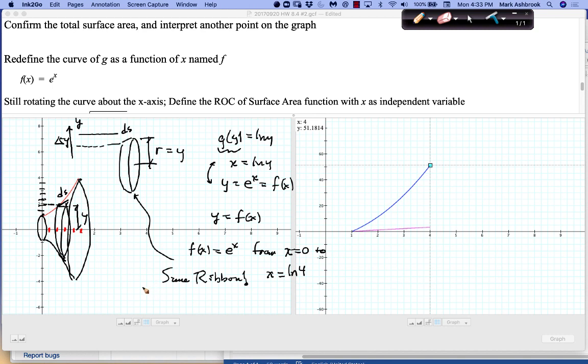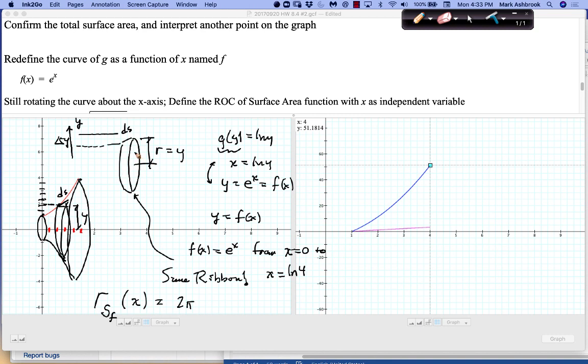Okay, so our rate of change of s, now according to function f, not g, is going to be a function of x now, not y, right? So now x is our independent variable, and so we know it's going to be 2 pi times the radius.